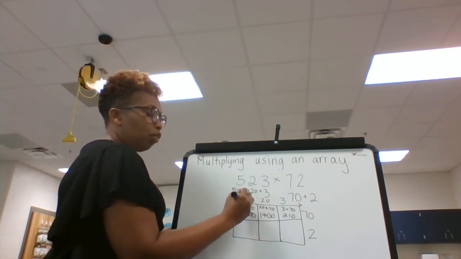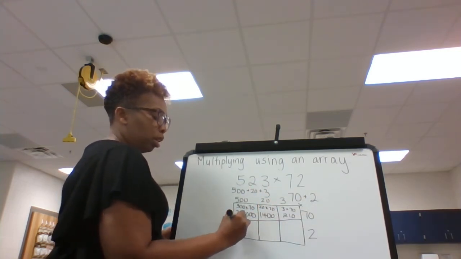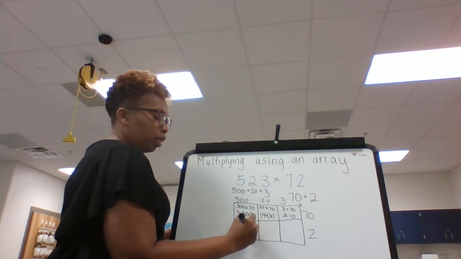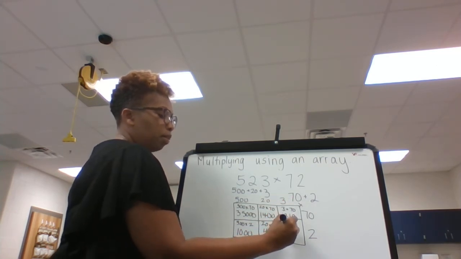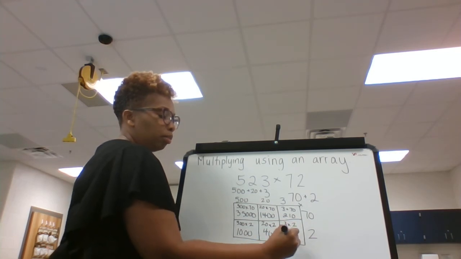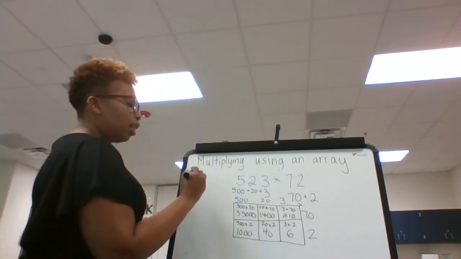Now I'm going to do 500 times 2, 20 times 2, 3 times 2. So 500 times 2, 20 times 2, 3 times 2. My last step, add all of those numbers, combine it together.